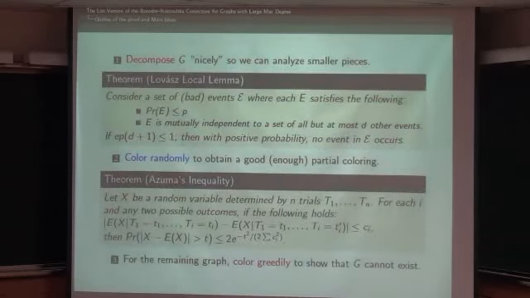So here's an outline of how the proof works. First, we will decompose G into smaller parts. The reason we want to decompose G into smaller parts is so we can apply the local lemma. What the local lemma says is, whenever you're doing a probabilistic argument and applying a sequence of events, if they're all independent, I can just say I'm applying the same experiment over and over again and give some bound.